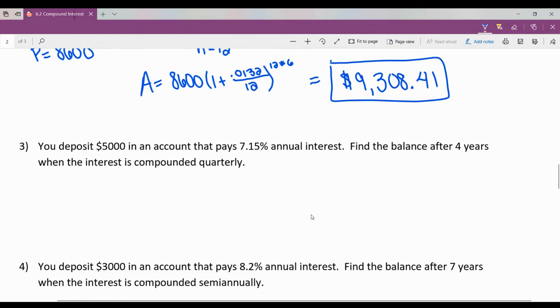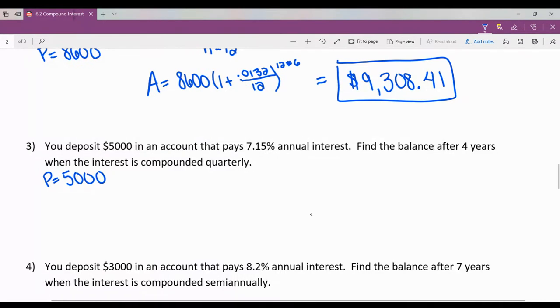We've got, you deposit $5,000 in an account, so my principal is $5,000. That pays 7.15% annual interest. So my rate, my interest rate is, move that decimal point to the left 2, 0.0715. Find the balance after 4 years, so t equals 4.